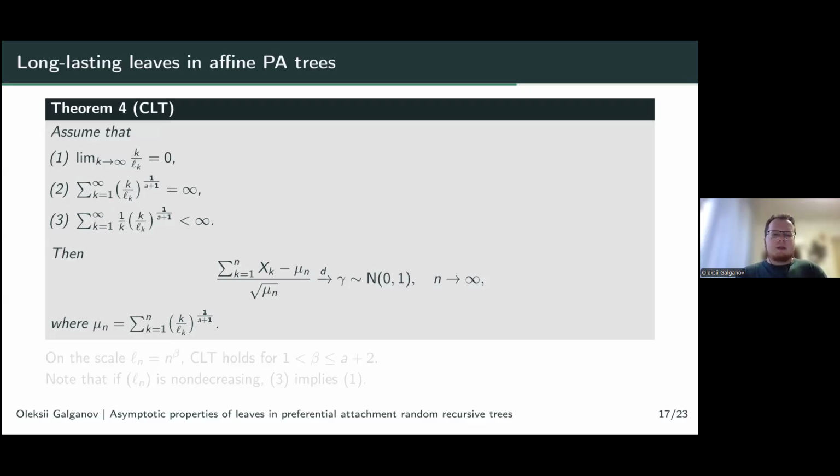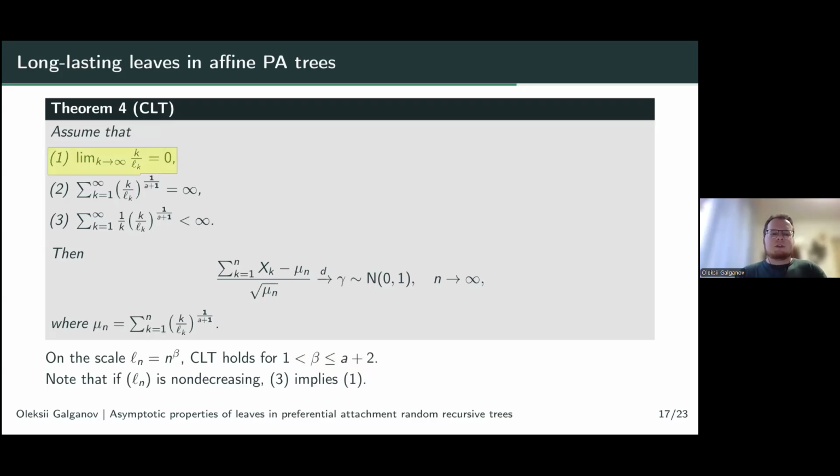And for example, again, if Ln grows as n to the power of beta, the CLT holds for beta less than a plus 2. So this condition is coming from the previous theorem, and this means that the number of long-lasting leaves is infinite, and this is a pretty obvious condition which follows from 1.